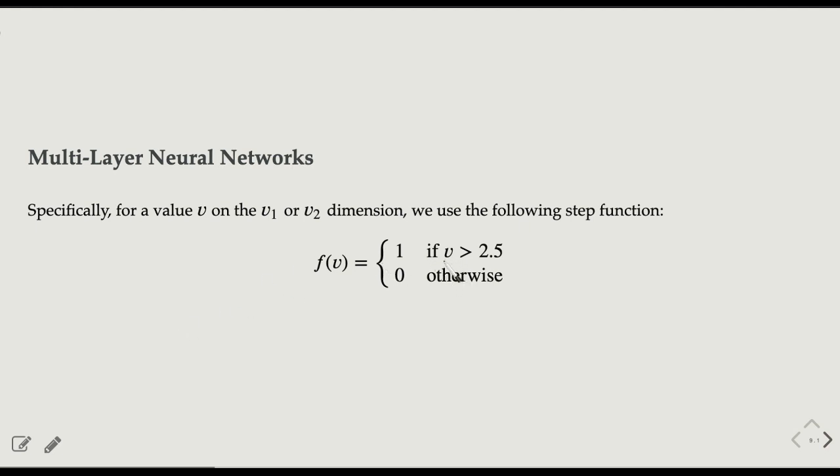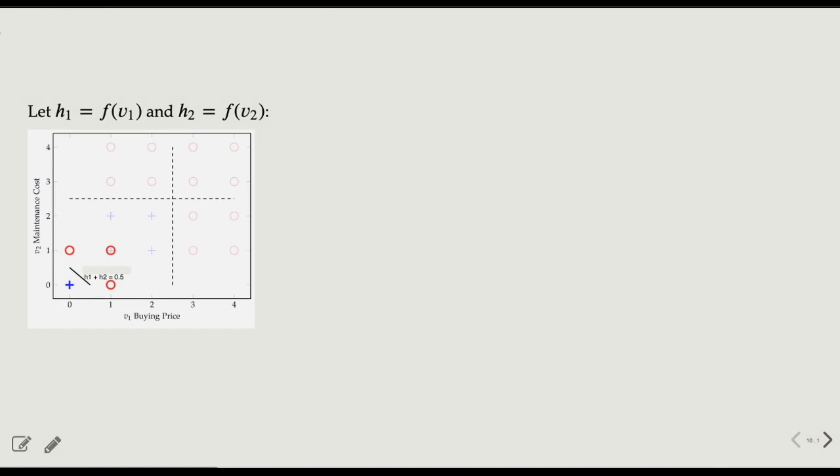If v is greater than 2.5, then the output of that function would be 1. Otherwise, the value of the output will become 0. So this is a very simple step function, and what it does is this. It returns 1 for value above 2.5 and 0 for value below.